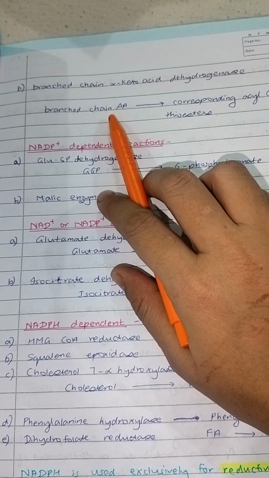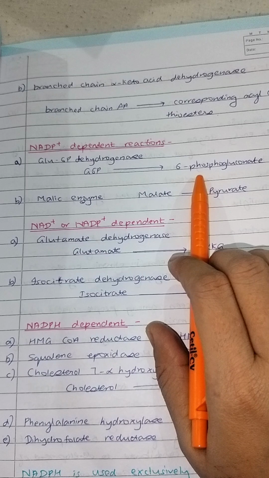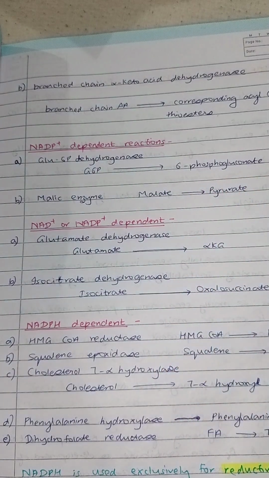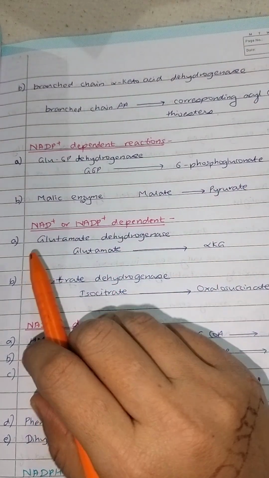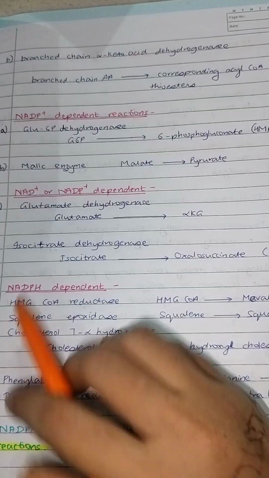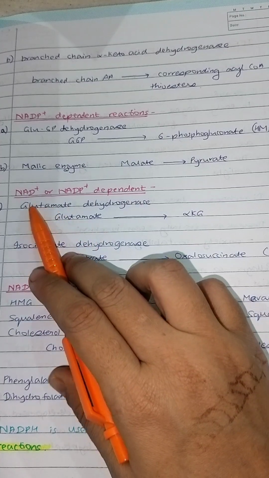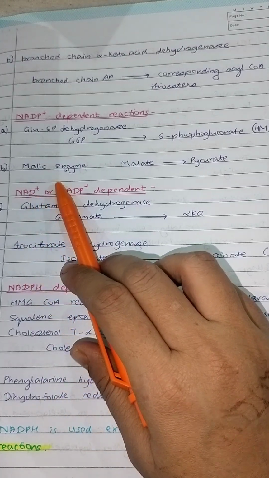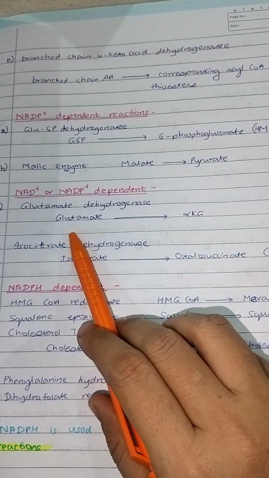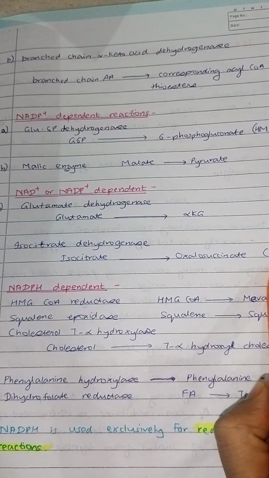NADP plus dependent reactions: glucose 6 phosphate to 6 phosphogluconolactone. Malic enzyme: malate to pyruvate. Now these two reactions may function in the presence of either NAD plus or NADP plus: glutamate to alpha ketoglutarate, and isocitrate to oxalosuccinate of the TCA cycle.